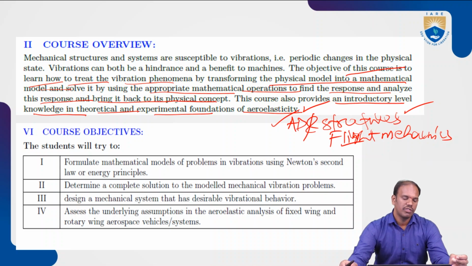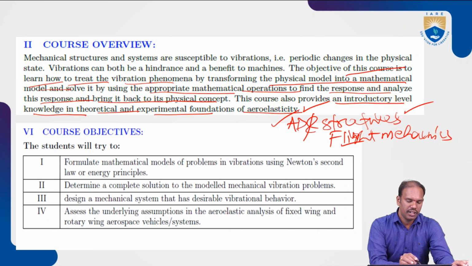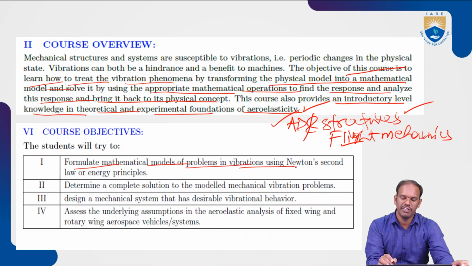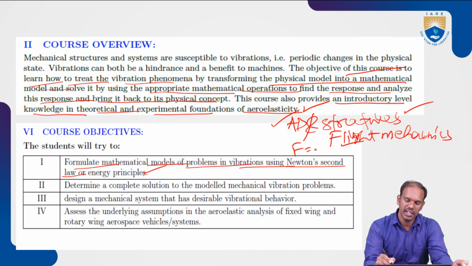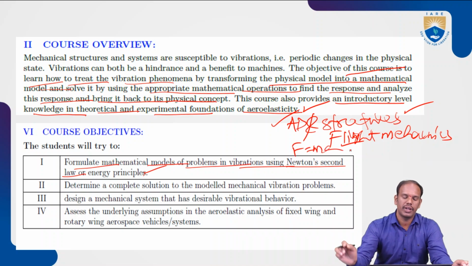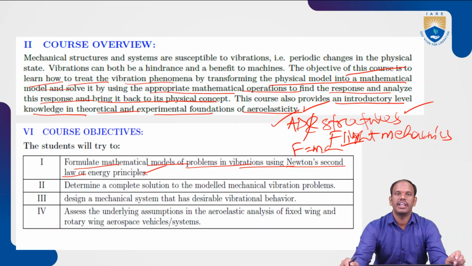In this course, what is the student going to learn? First, formulate the mathematical models of a vibrating problem using Newton's second law or energy principles. We know already what Newton's second law is: F equals ma. For any simple harmonic motion or a pendulum, we can convert that physical model into Newton's formula.